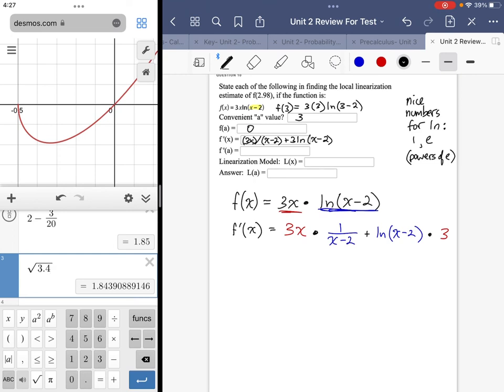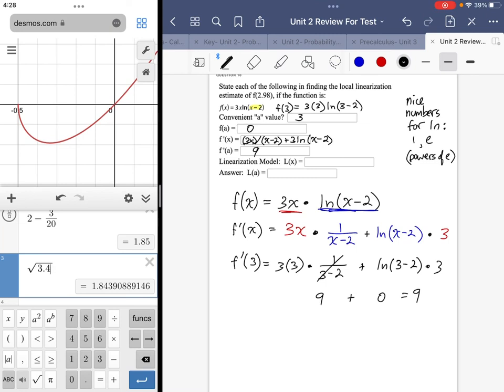Now, f prime of a, the convenient or the nice a value: 3 times 3 times 1 over 3 minus 2. Well, 3 minus 2 is 1, so that's irrelevant. So we get a 9 for this part, plus ln of 3 minus 2 times 3. 3 minus 2 is 1, natural log of 1 is 0, so this goes to 0. So the derivative at that a value is a nice clean 9.